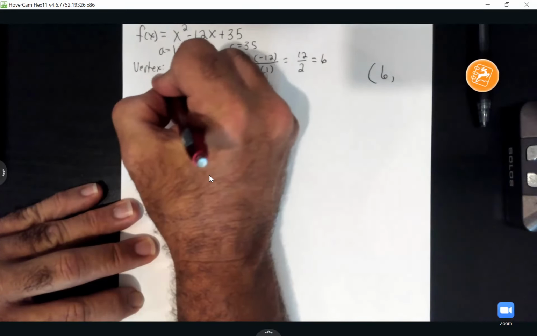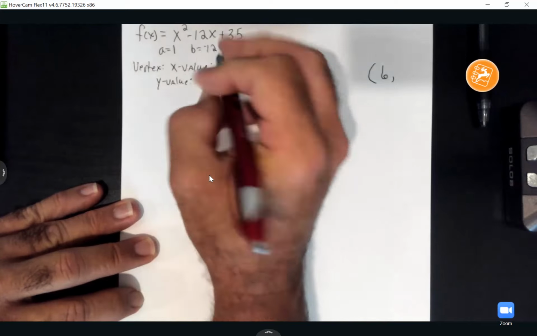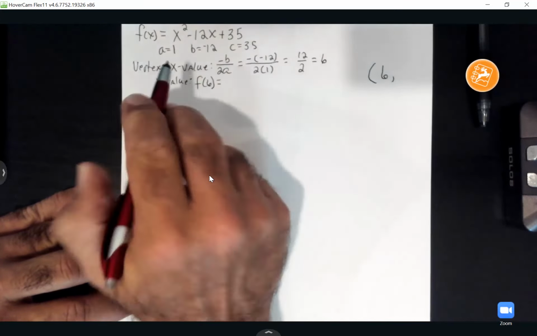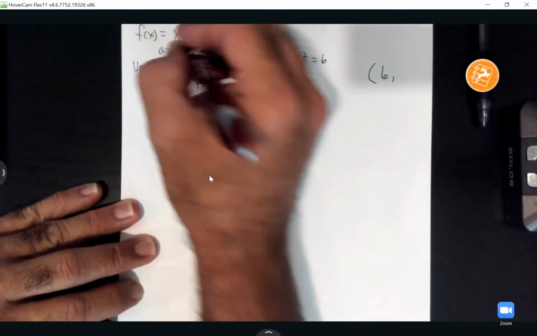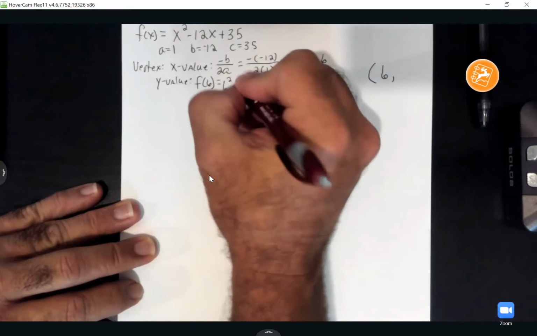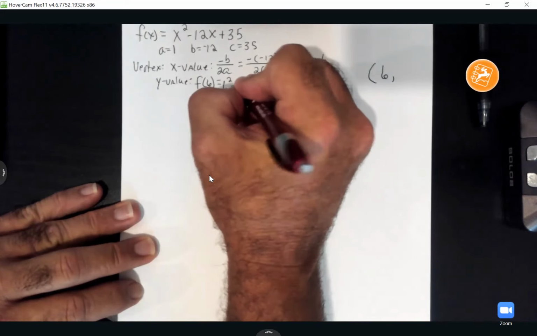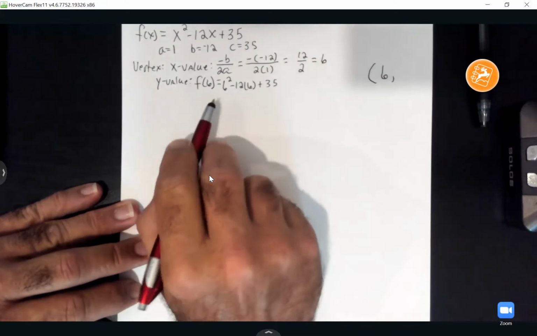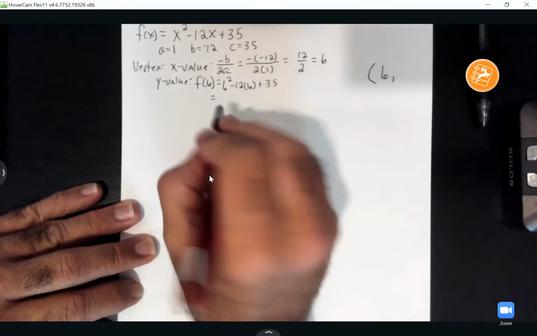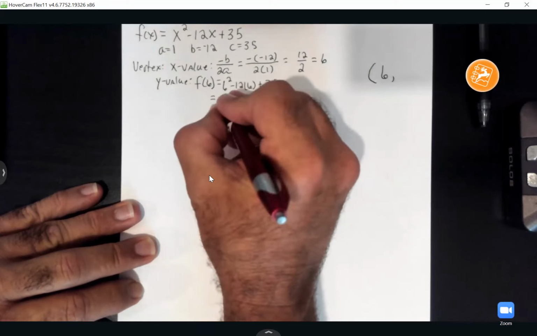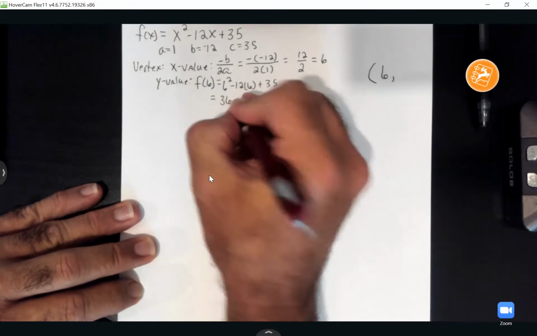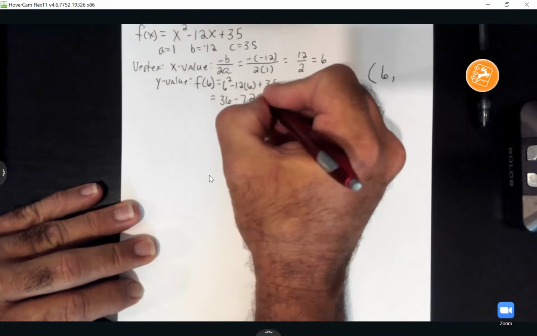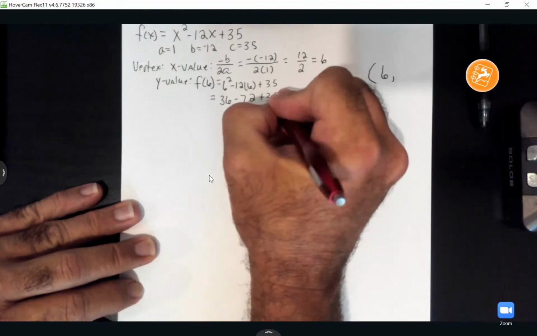So then we want to come in and get the y value, which will be f of 6. So we'll put the 6 in for our x's. We'll have 6 squared minus 12 times 6 plus 35. All right, y'all, let's see what that does. 6 times 6 is 36. Minus 12 times 6 is 72. And then add 35.